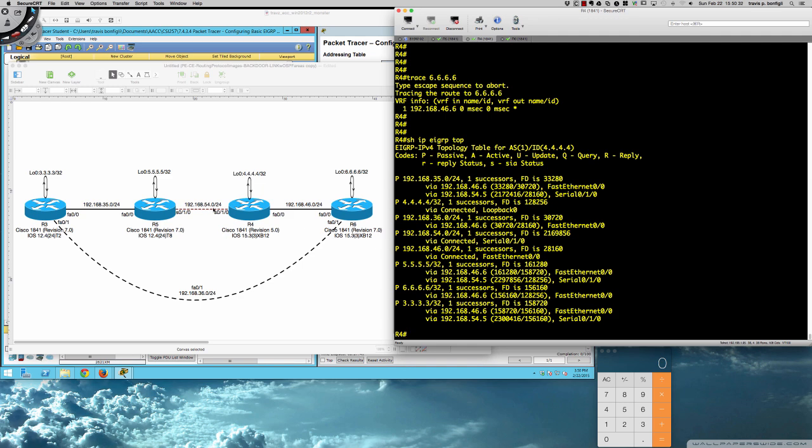And the reason that it wouldn't meet the feasibility condition, if you think about it, we're looking at it right here, is what we're saying is that router 5's reported distance to get here is going to be greater than the feasible distance of the current successor.